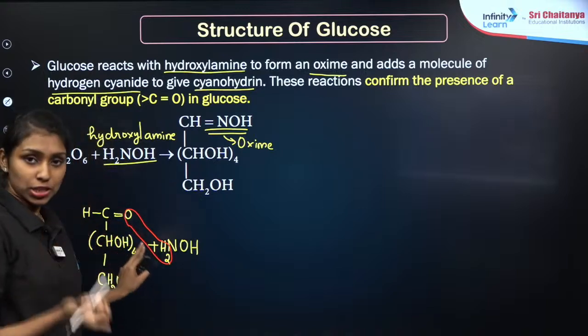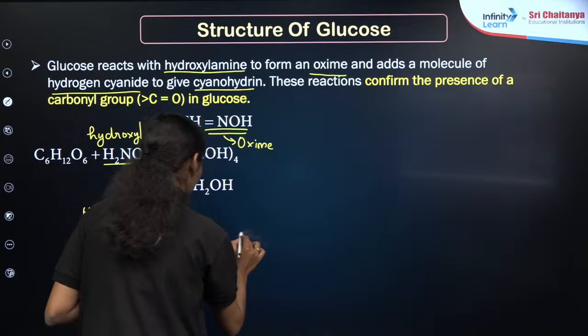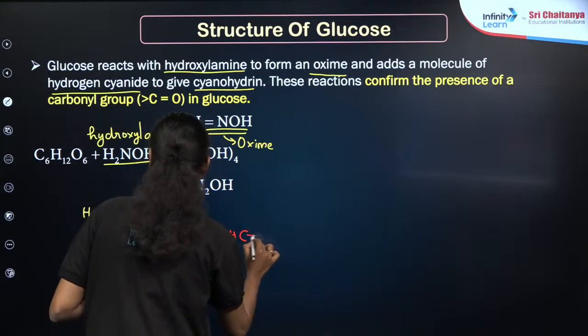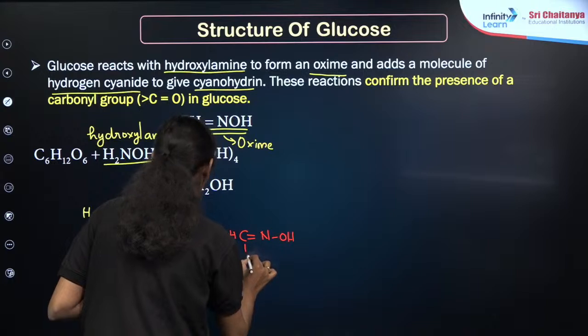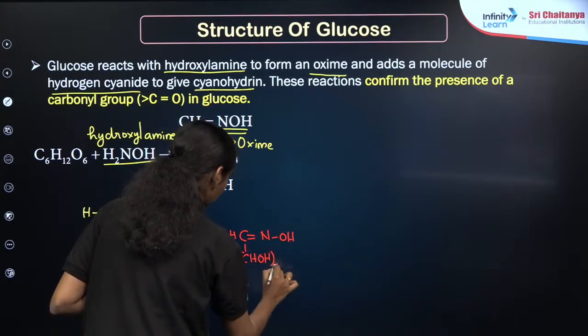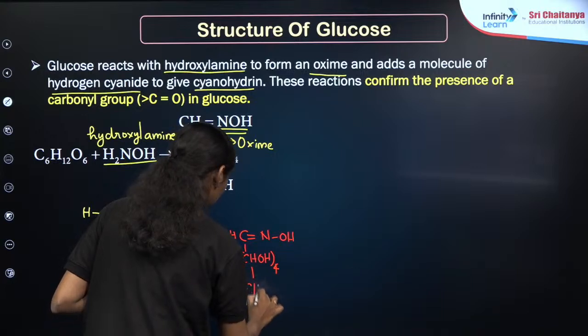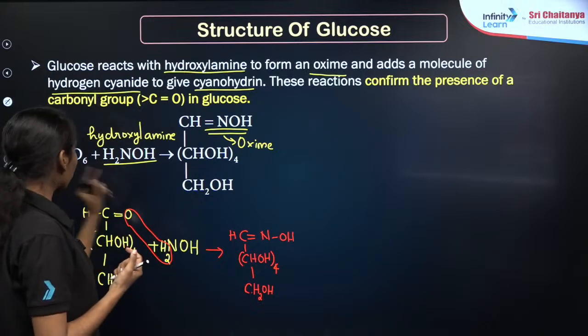There will be release of an H2O molecule, that is a water molecule, and then it will form the oxime. So this is the actual reaction happening between hydroxylamine and the glucose molecule.